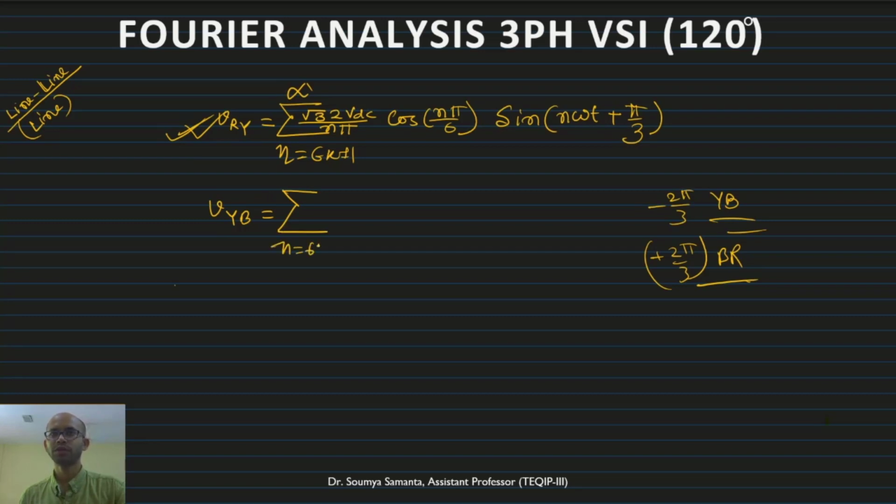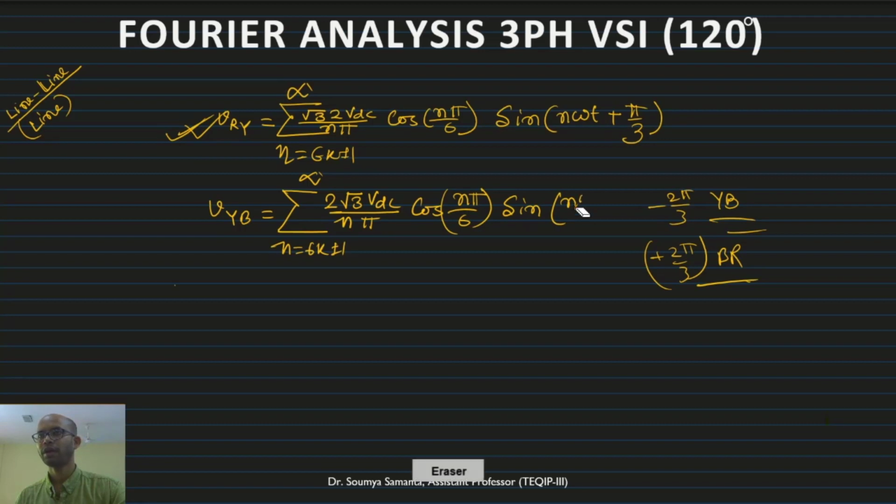So n equals 6k plus minus 1 to infinity, 2 root 3 VDC by n pi, cosine of n pi by 6, and sine of n omega t plus pi by 3 minus 2 pi by 3. So obviously this one will be minus 2 pi by 3.